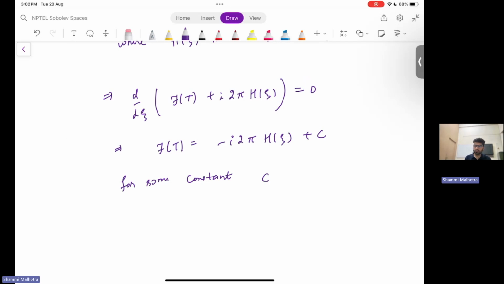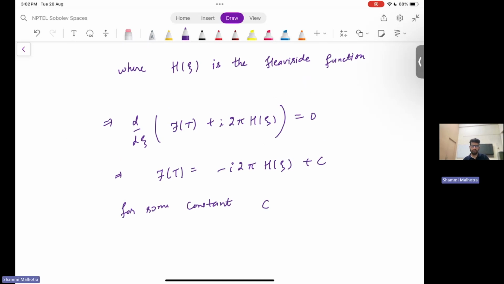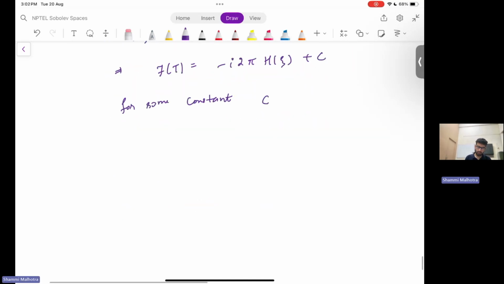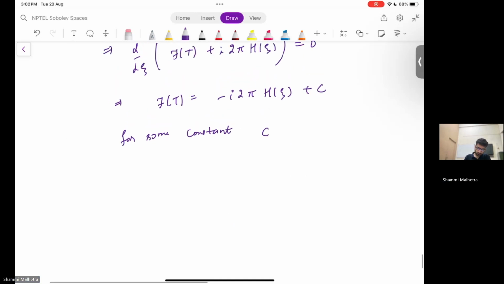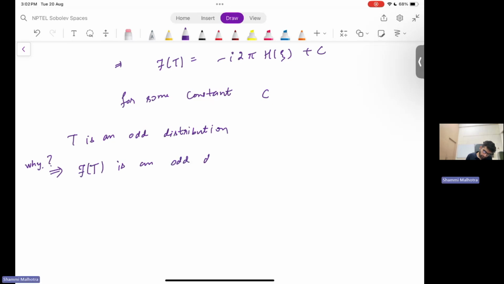Now, to evaluate this constant, we need to use that T is an odd distribution. What basically this implies, you can prove why, is that the Fourier transformation of T turns out to be again an odd distribution.